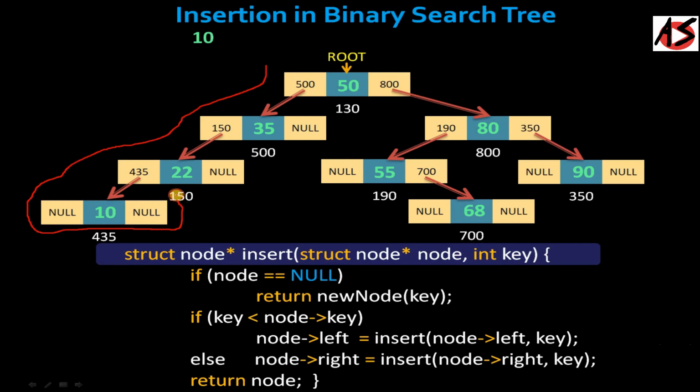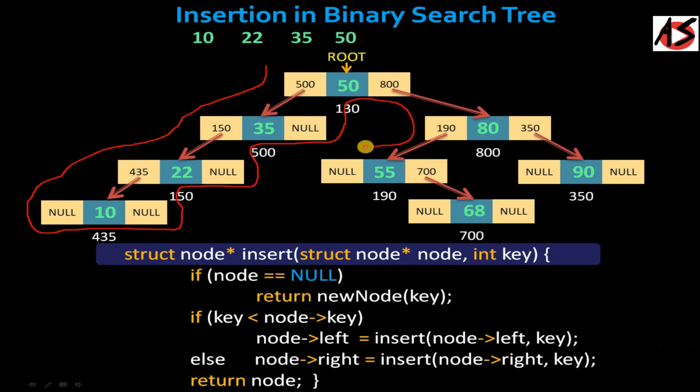Now we are moving further, and we touch the bottom of node 22, so we will print 22. Moving further, we are getting the bottom of node 35, so we will print 35 in our output. Then we are getting the root element with key 50, so we will print it.